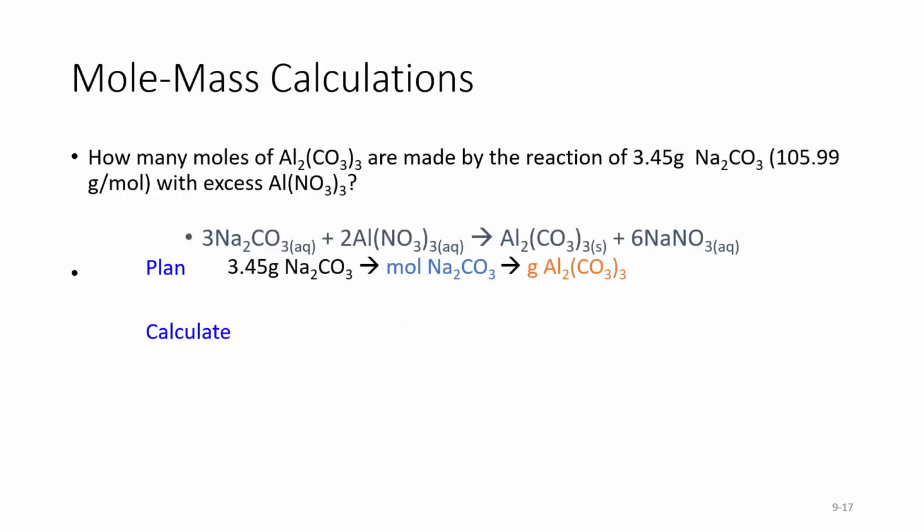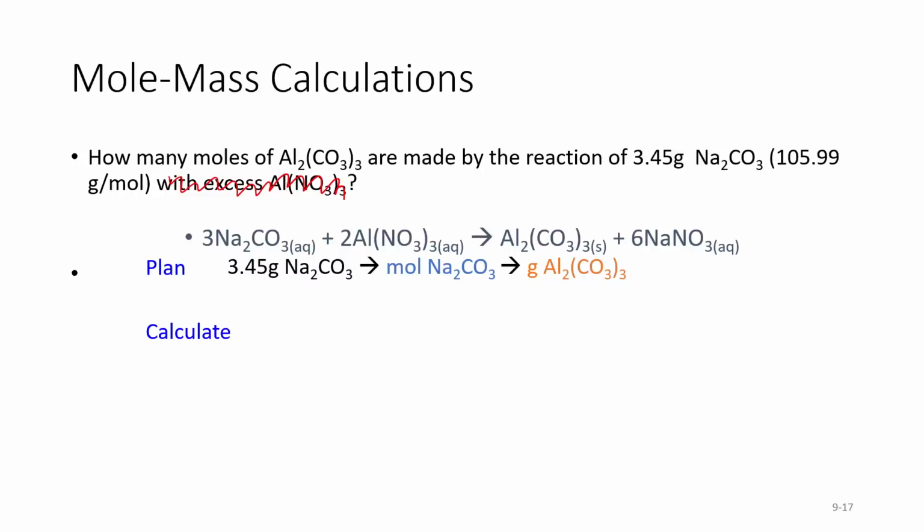Okay, so there's several other examples that you can work through. I'm going to go through these relatively quickly so that you have the answer. How many moles of aluminum carbonate are made by the reaction of 3.45 grams of Na2CO3 with excess aluminum nitrate? So we know that this is extra. This is not part of the problem.